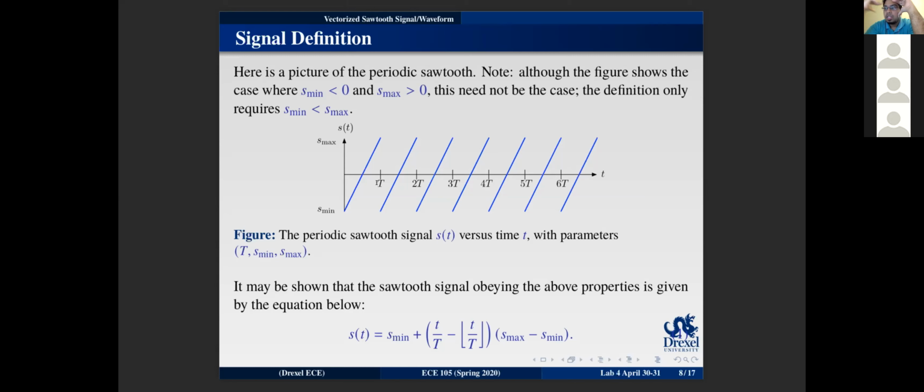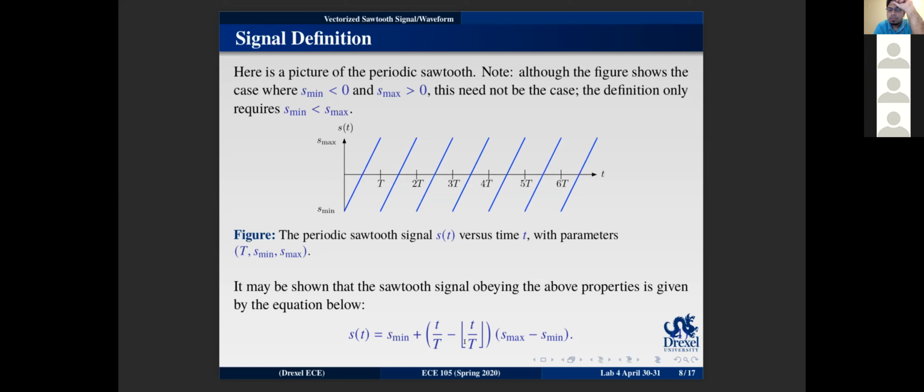So your t over capital T minus floor of t over capital T is 0.6. That is the time elapsed in the fraction, in 1.5, okay? That is exactly how far 1.2 lies in the range of 1 and 1.5.